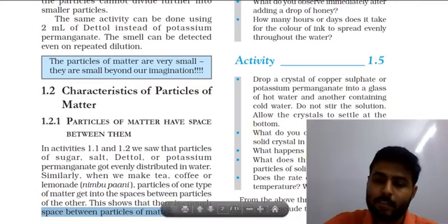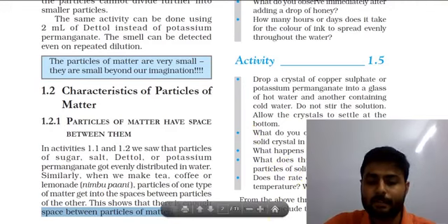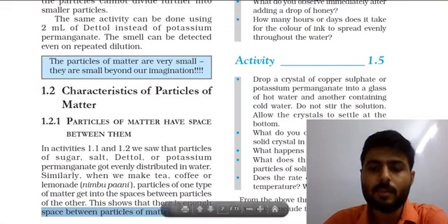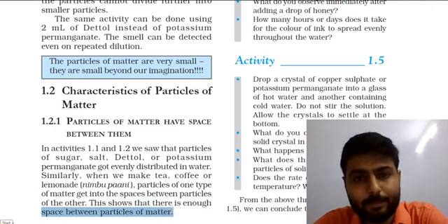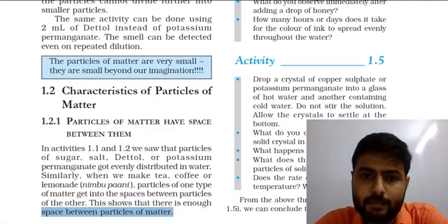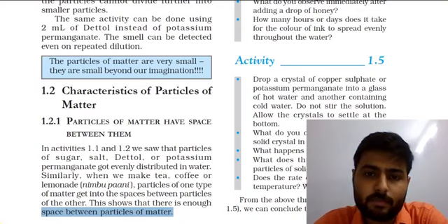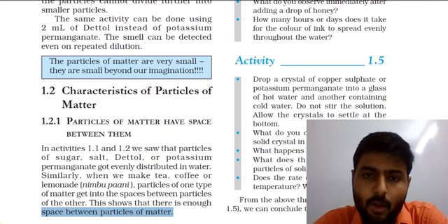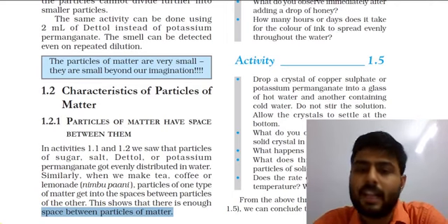What happened as the time passed? We discussed: what does this suggest about the particles of solid and liquid? We can see that if there is hot water, meaning a higher temperature, the particles get more kinetic energy, and at a lower temperature, particles have less kinetic energy.